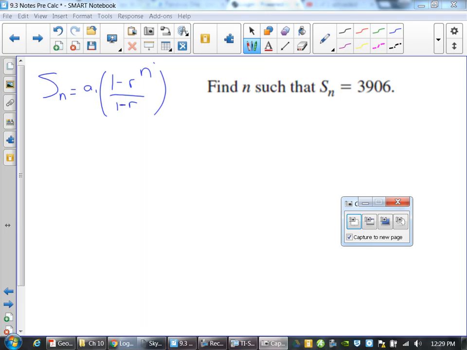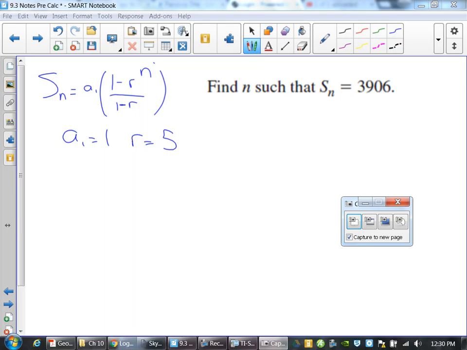Did I write down the formula correctly? Yeah. Find n such that the sum adds up to 3906, which basically means how many do I have to add up to equal 3906? So we knew that the first term was 1, our rate was 5.